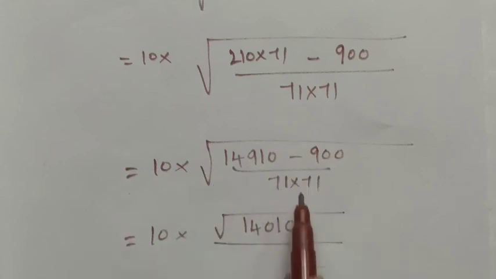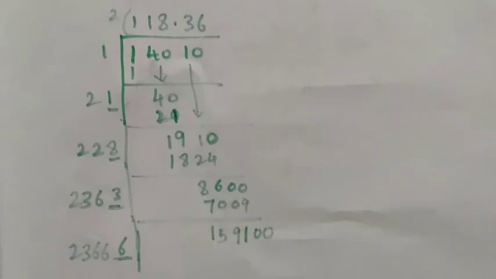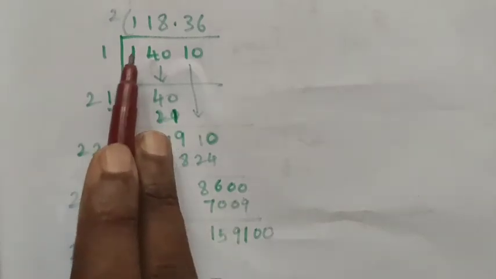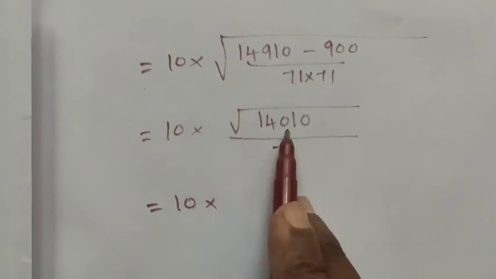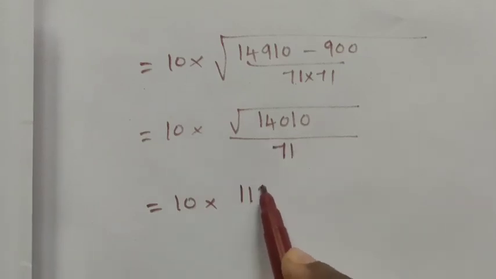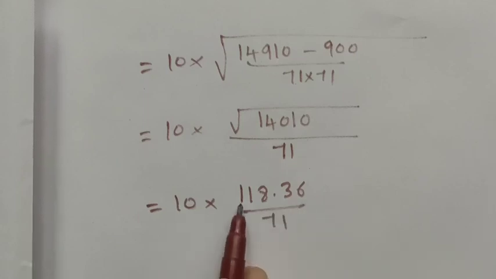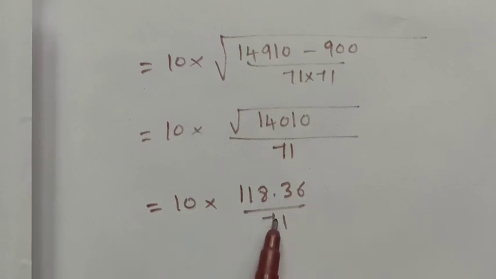If you take it outside the square root, we get 71 only. And then we want to find the square root of 14010. The square root of 14010 is nothing but 118.36. We have already found it here. So the root value of 14010 is 118.36 divided by 71. Now we want to divide this value by 71 and multiply by 10.